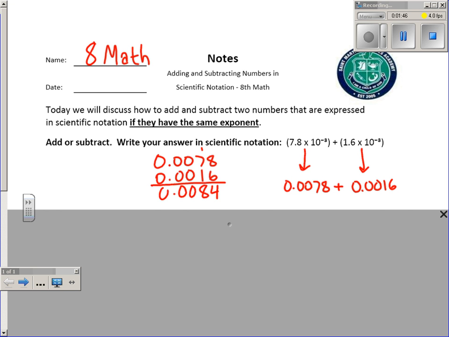Then to write this in scientific notation, we're going to have to move our decimal right 3 times. And if we move our decimal right, that makes the exponent negative. So now that we've done it the long way, we're going to talk about the short method.